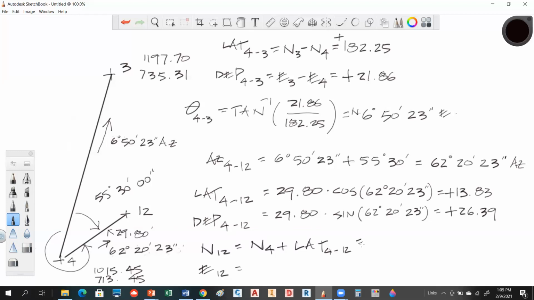So we have 10, 15, 45, plus a latitude of 1383. It looks like 10, 29, 28. And then this guy will be the easting of the point we're coming from, plus the departure.